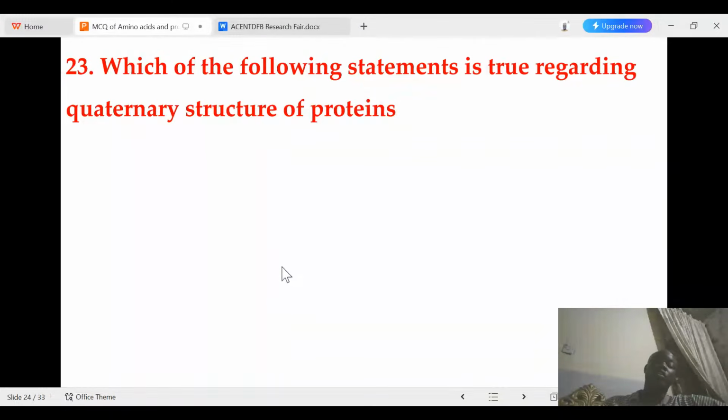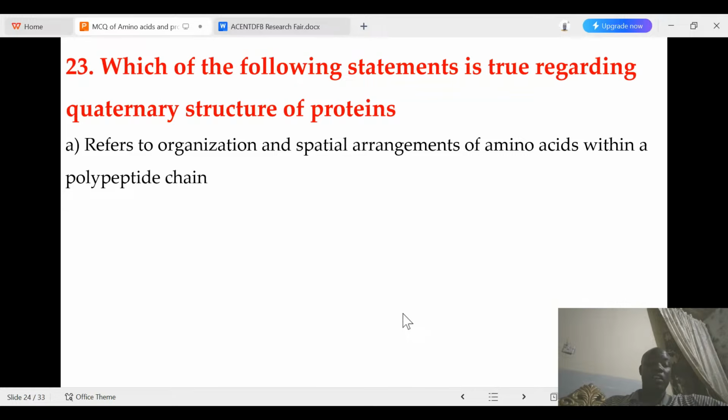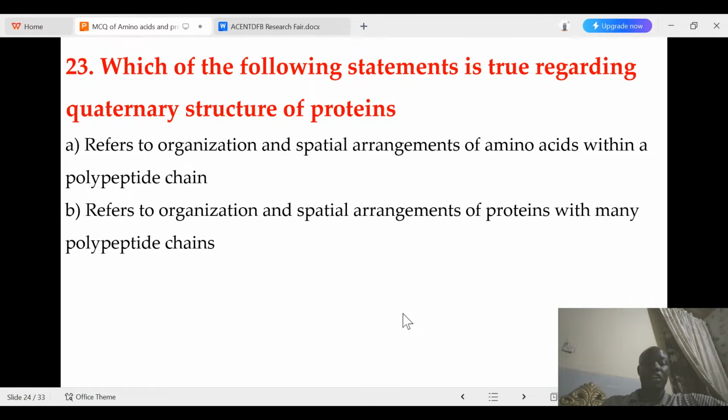Okay. Then question 23. Which of the following statements is true regarding quaternary structure of proteins? A, refers to organization and spatial arrangement of amino acids within a polypeptide chain. B, refers to organization and spatial arrangement of proteins within many polypeptide chains.